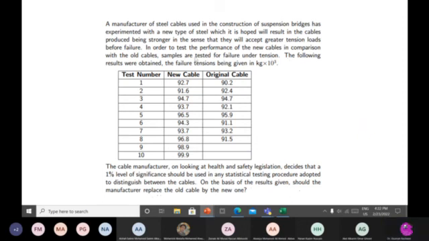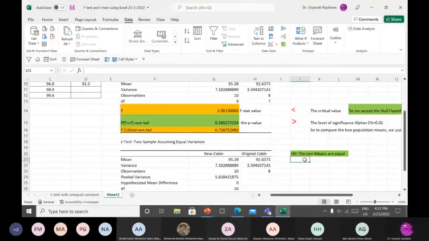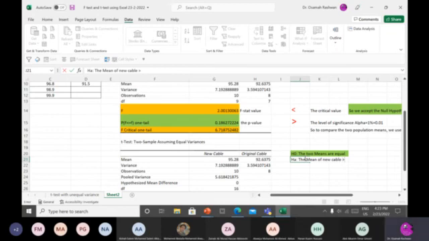Okay. You would like it being stronger. Okay. So the new one should be stronger, right? So the mean, HA, the mean of the new cable should be bigger than the mean of the old one, or of the original one.